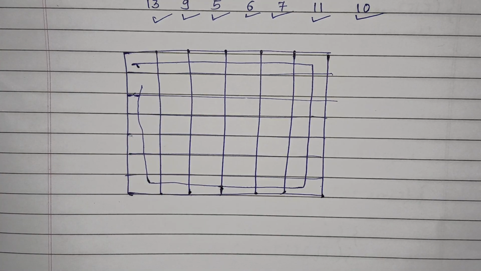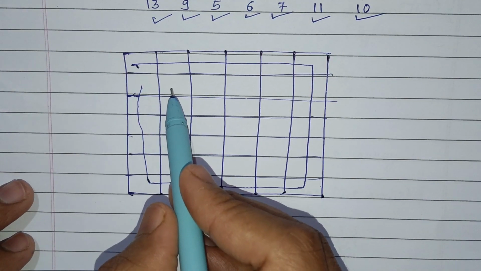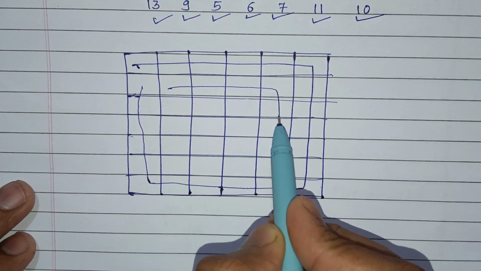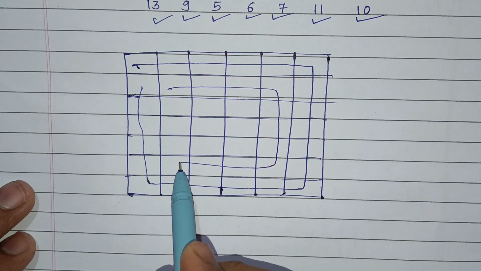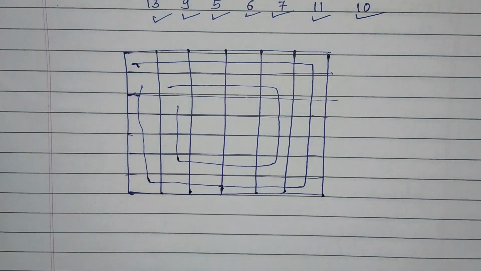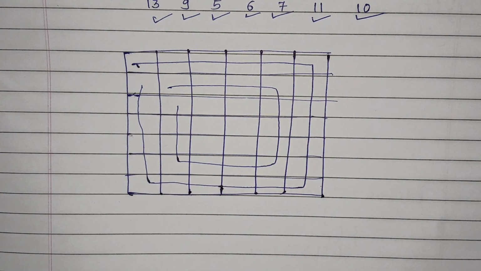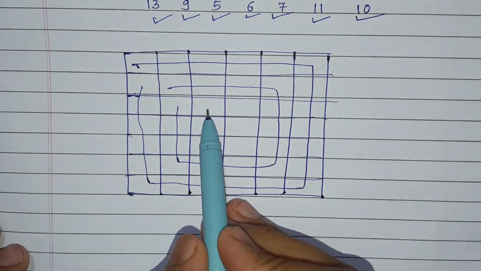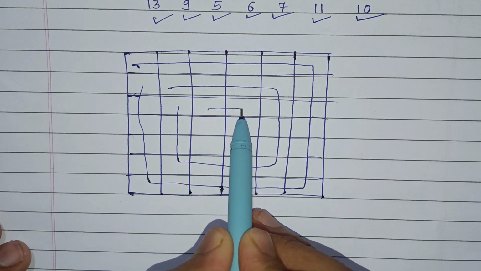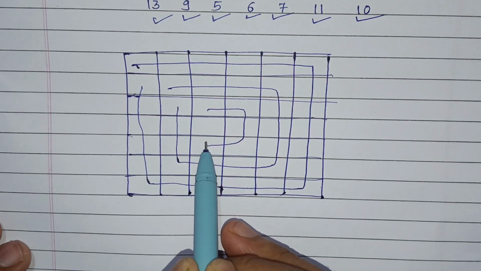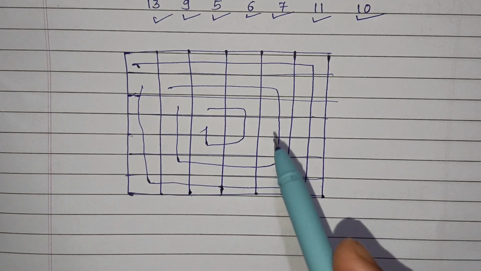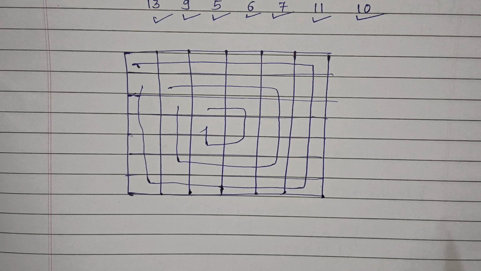After printing the outermost part of the matrix, then we will print the inner part like this part, and then we will print this part of the matrix. So this is the way to print the elements of the matrix in spiral format.